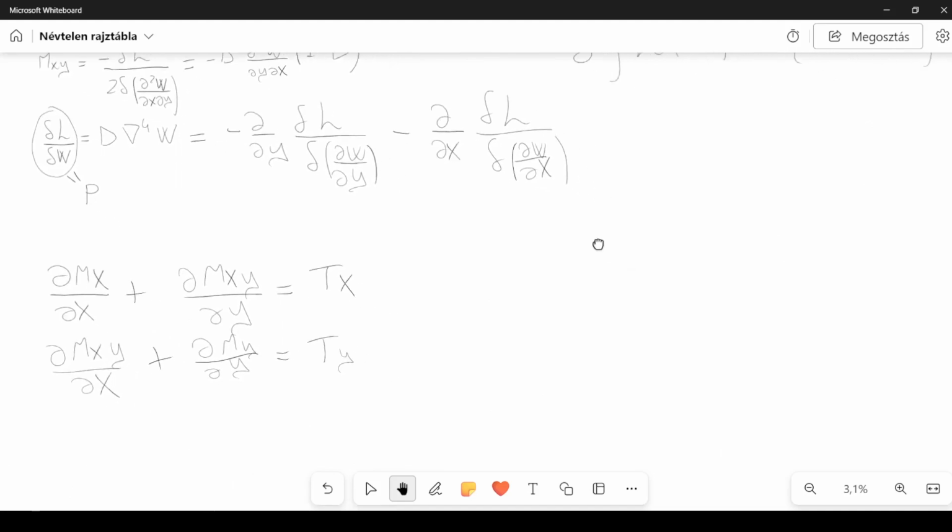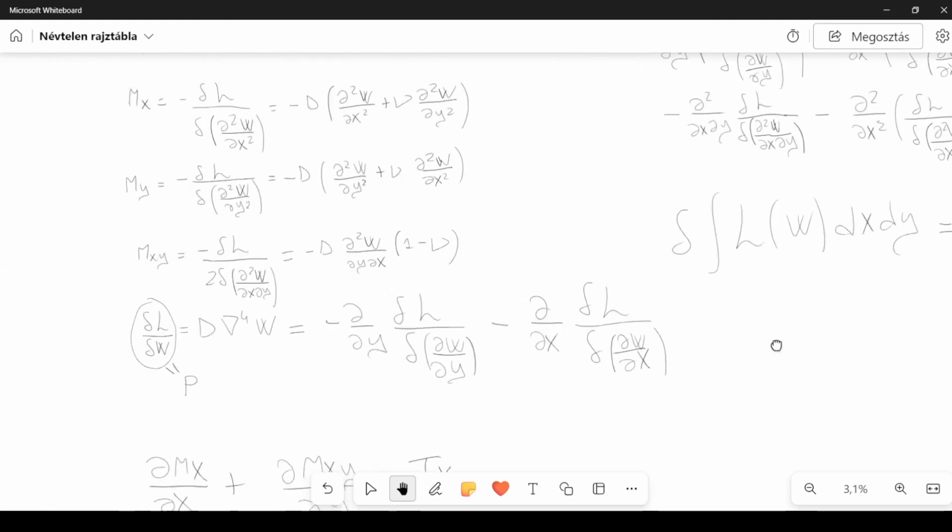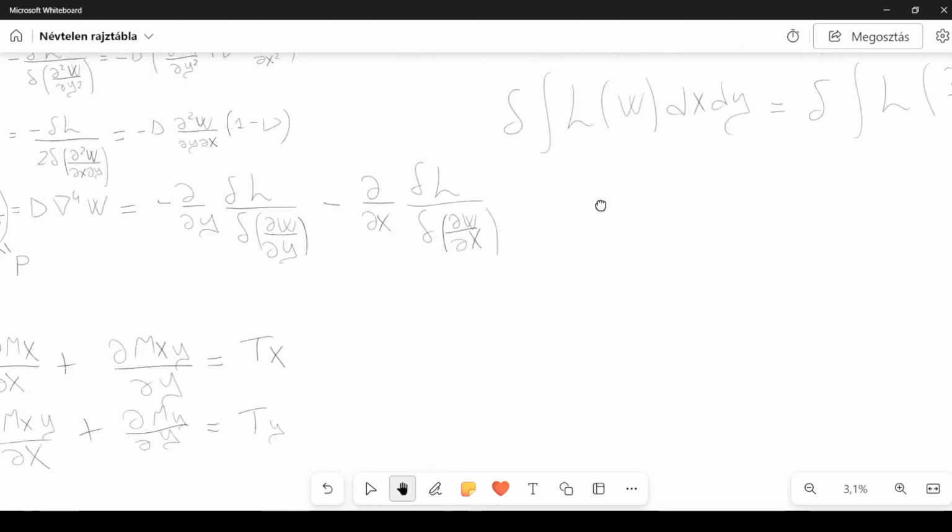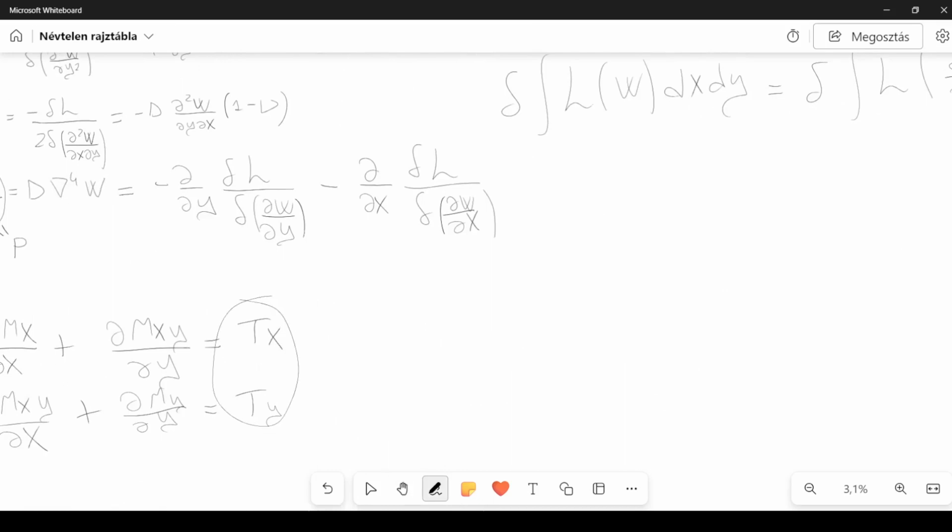In particular, if we take the derivative of these forces, we can derive the following equation from these two, but it's not the only way. So we have dtx dx plus dty dy.